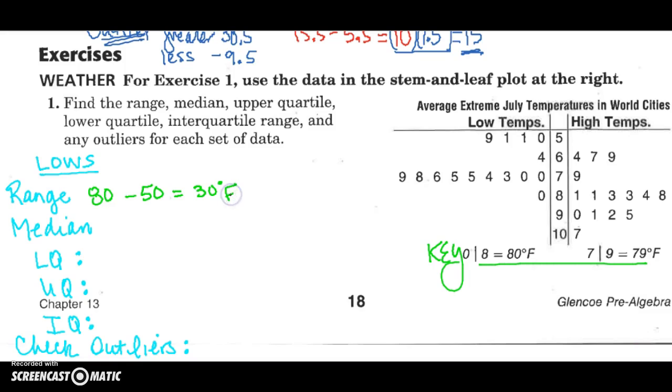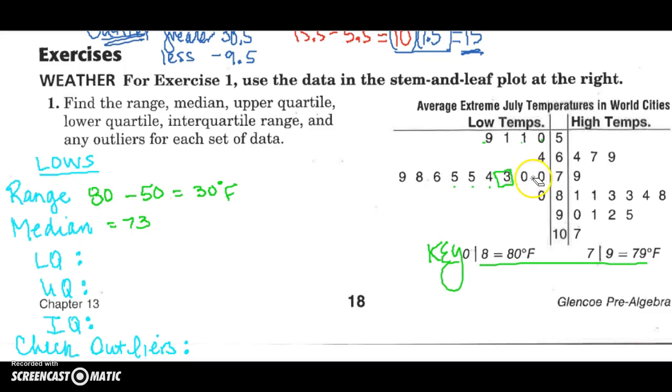So 30 degrees Fahrenheit. The median, I need to find the number in the middle. I have 1, 2, 3, 4, 5, 6, 7, 8, 9, 10, 11, 12, 13, 14, 15 numbers. So the 8th term ought to be the median, which would be 73.